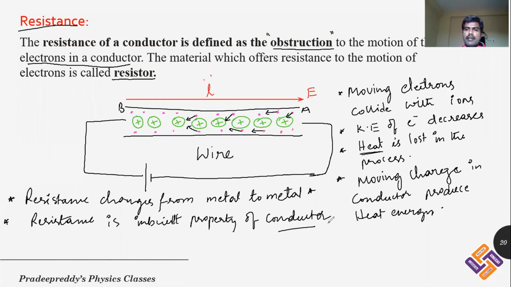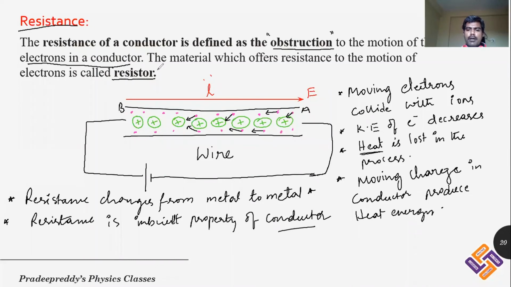No matter how good a conductor it is, definitely there will be some resistance offered by it. It is because of the presence of ions in the conductor. So fast moving electrons get readily obstructed by these ions. As ions are fixed at the lattice, this obstruction is by default within every conductor. Therefore, it is the general inbuilt property of every conductor.